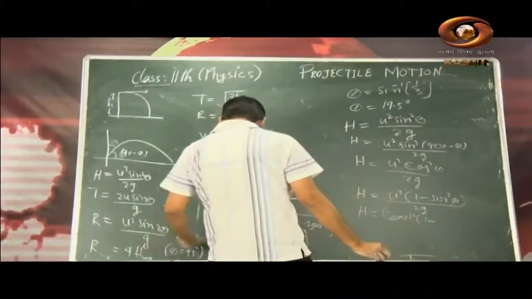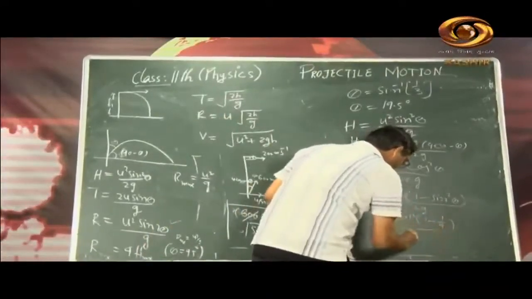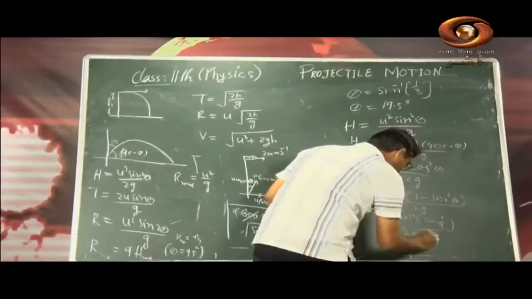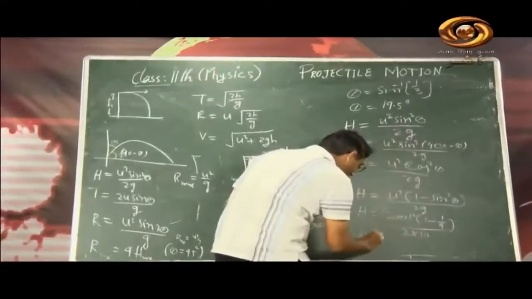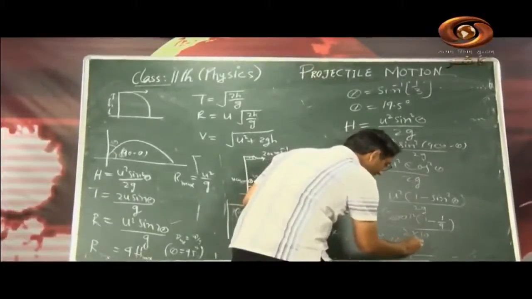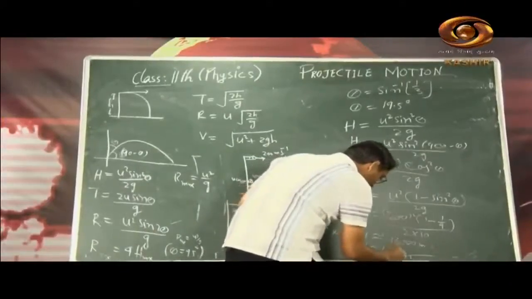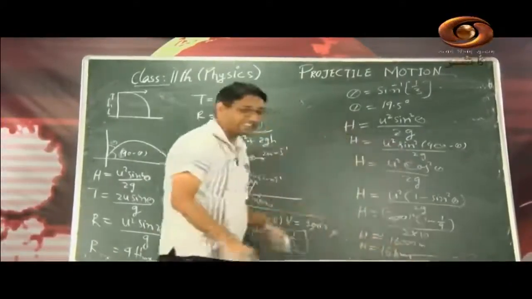Sin theta is 1 by 3, so sin square is 1 by 9, so this is 1 minus 1 by 9, whole divided by 2 into g. Let us take g as 10. Approximately, because we are running short of time, this is 16,000 meters. So h is equal to 16 kilometers, something like this. So we get this maximum height as 16 kilometers.